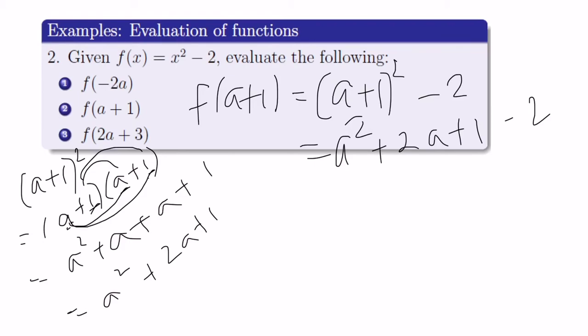It's a FOIL method, by the way. So going back to this example, we have a squared plus 2a plus 1 minus 2. So our f at a plus 1 is equal to a squared plus 2a minus 1.